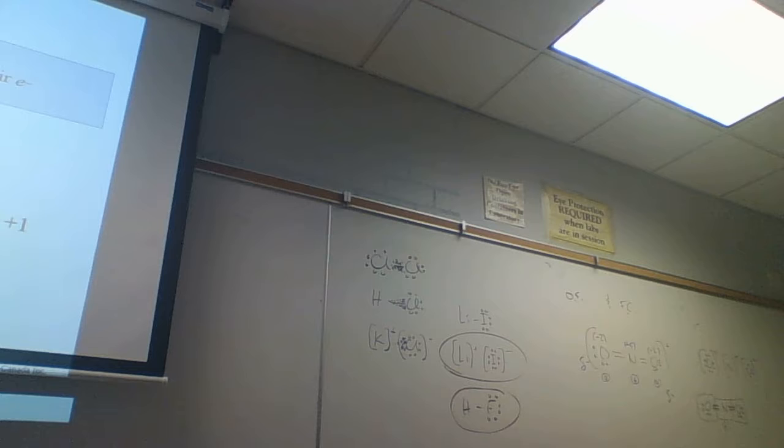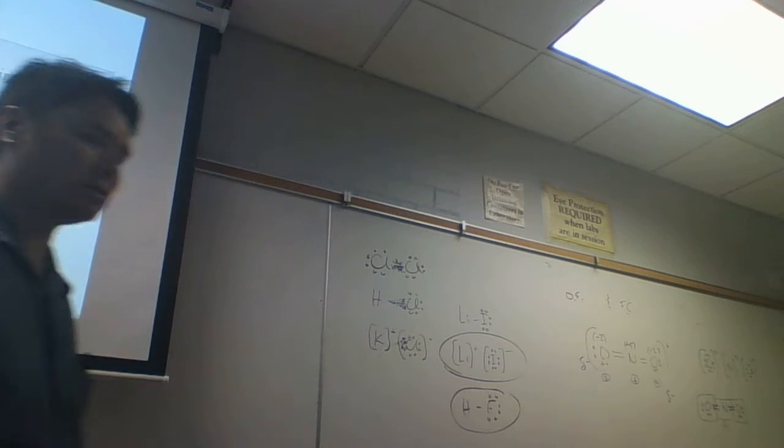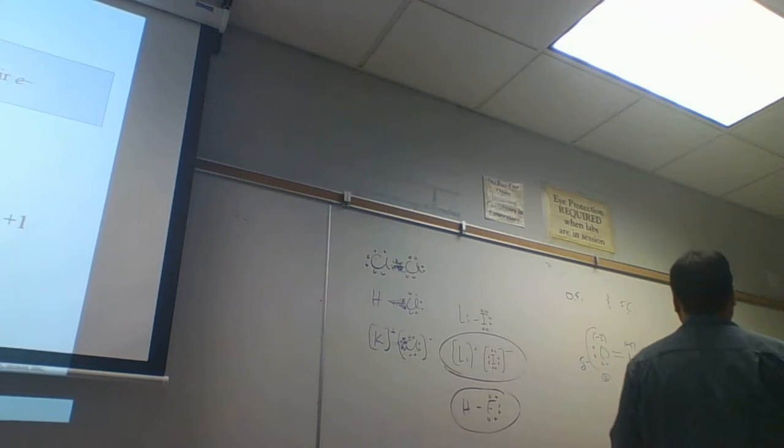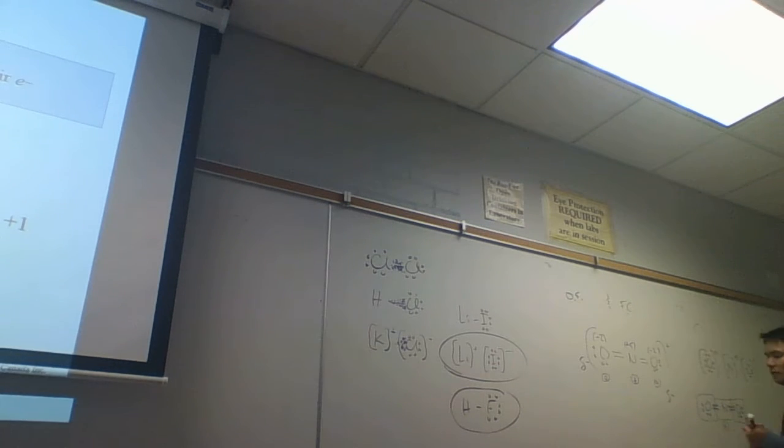This thing has a net charge, and there are two ways of calculating the net charge. The net charge is +1 here. The first way: net charge equals the sum of the oxidation states.